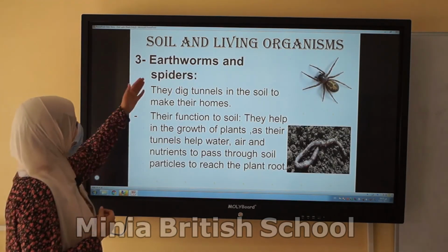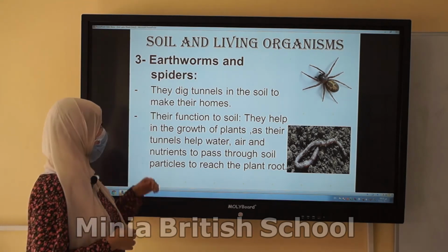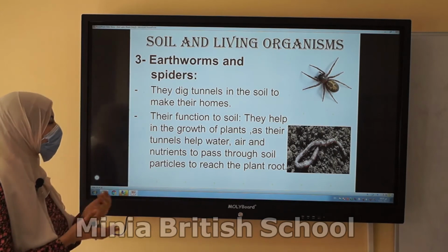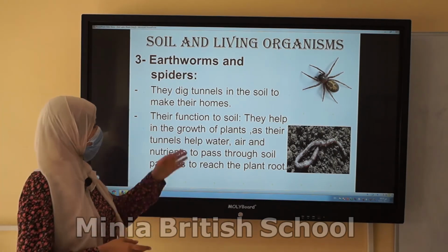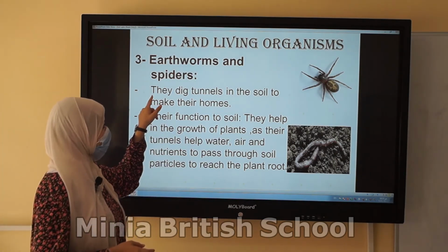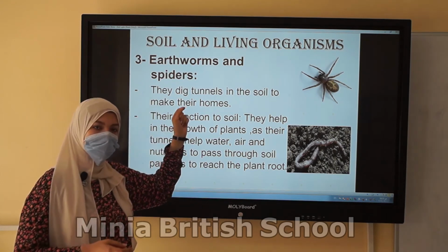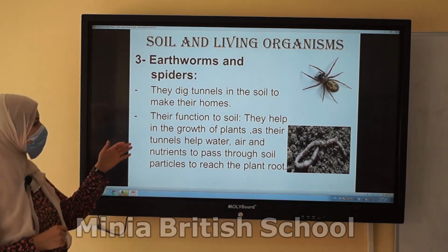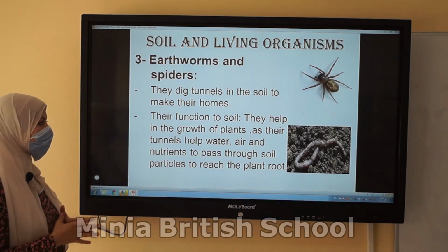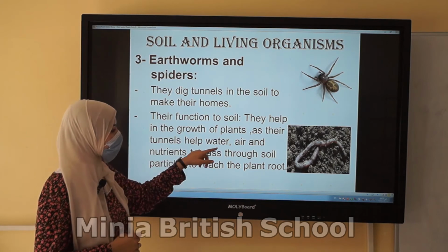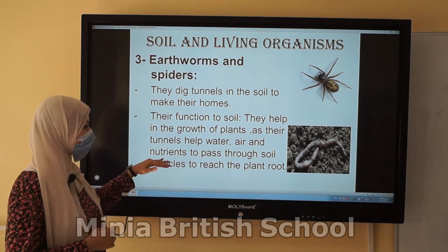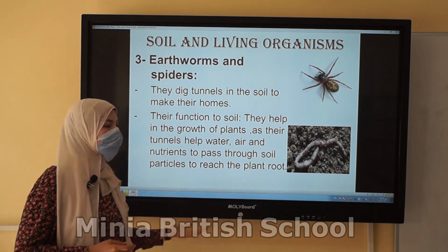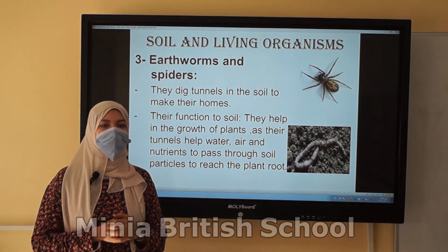What about earthworms and spiders? They dig tunnels in the soil, but what is the function of the tunnels? First, we know that spiders and earthworms make their homes in the soil, but the tunnels also have a function. They help water, air, and nutrients pass through the soil particles and reach the plant roots.